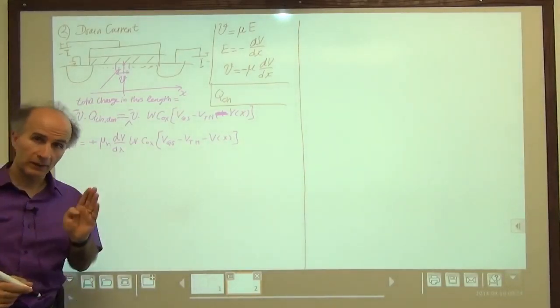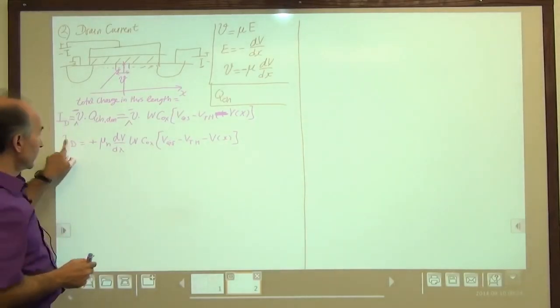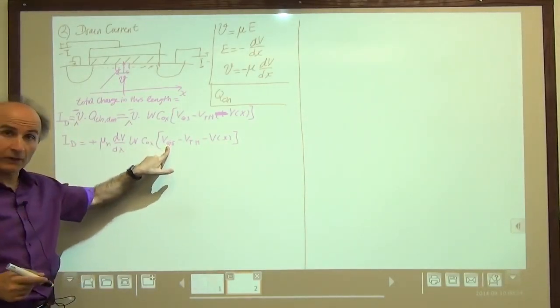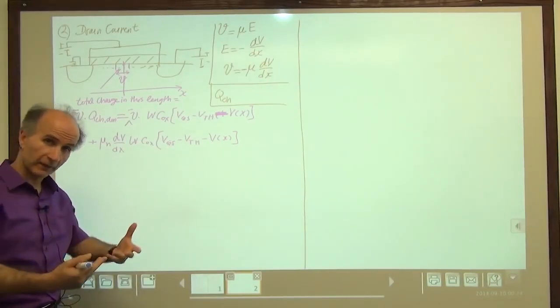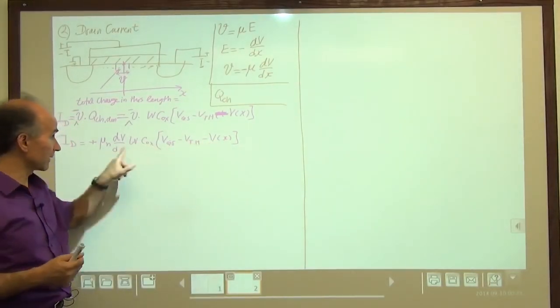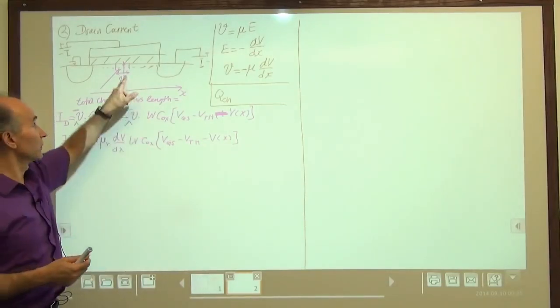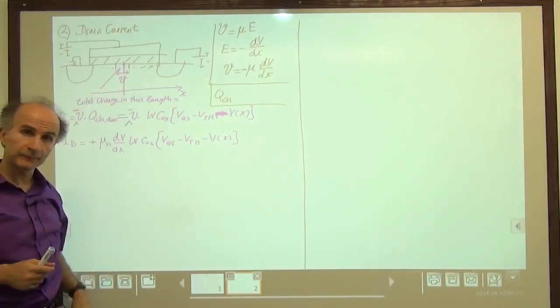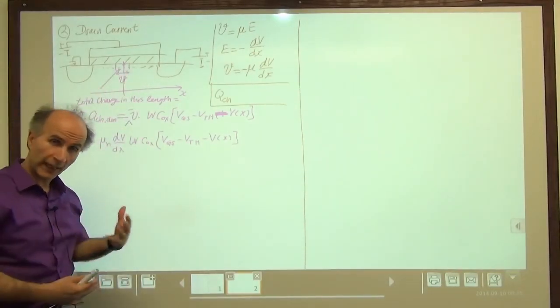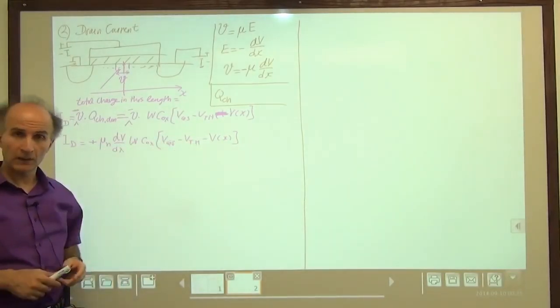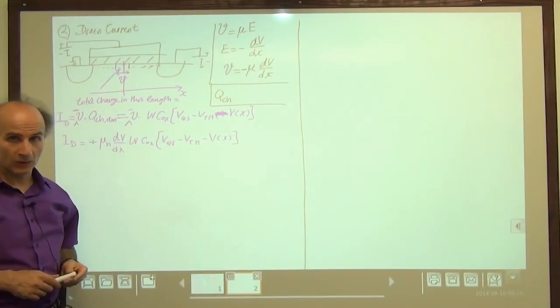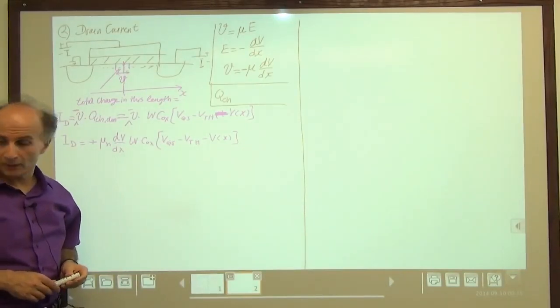All right, so our objective is to find ID in terms of VGS and other known quantities, things that we have applied from outside, not in terms of V of x. We don't know what that voltage is, and it's variable anyway. But fortunately, there's a way to calculate the current and eliminate this V from the equations. So let's go ahead and do that.